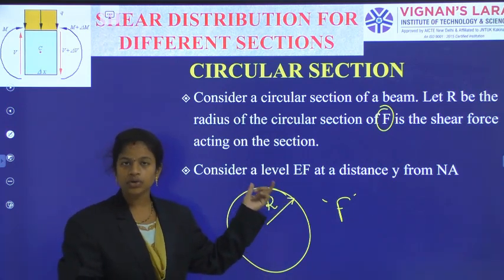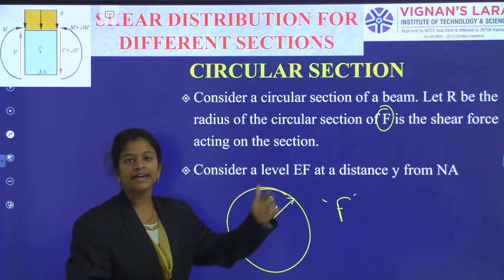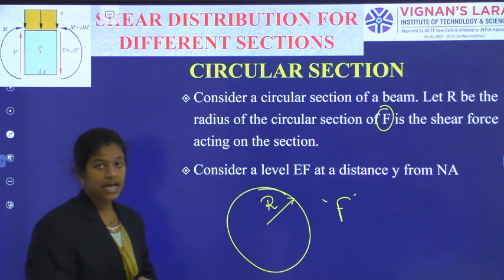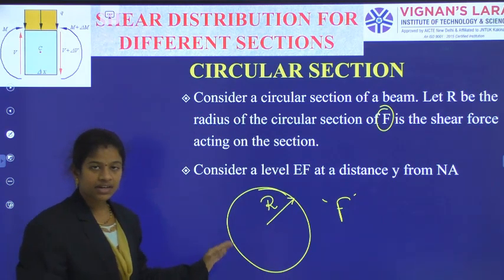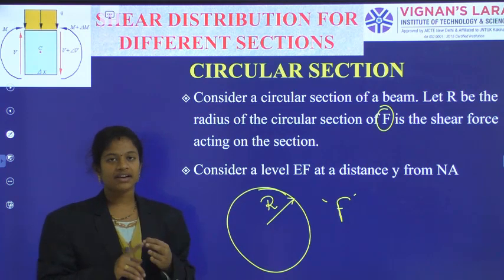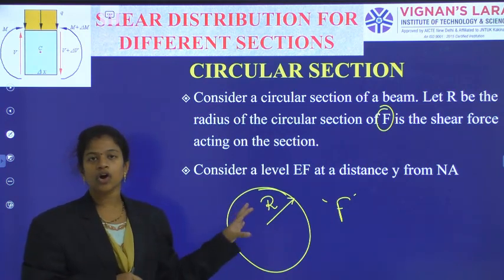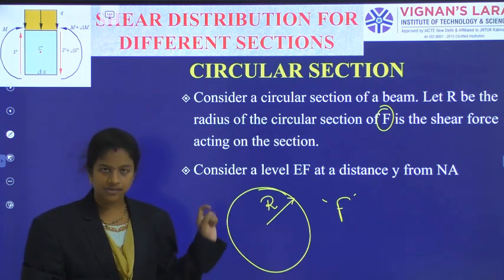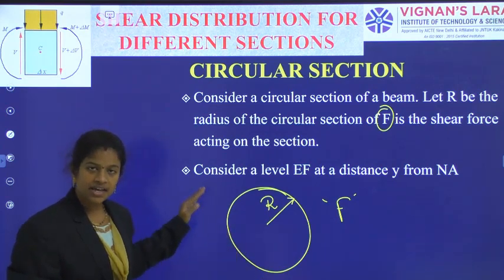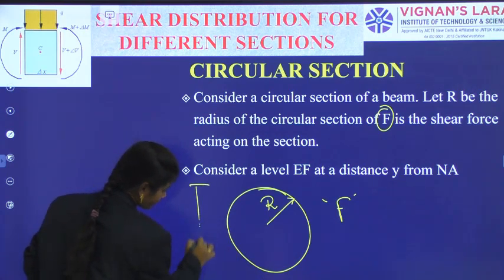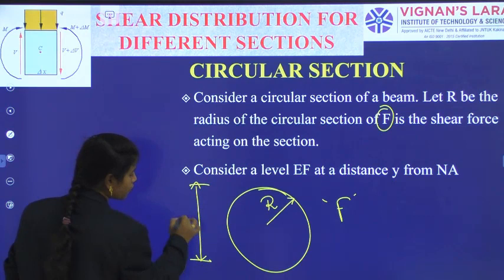Now we consider a level EF at a distance y from the neutral axis. Circular, rectangular and square sections are all called symmetrical sections. For these symmetrical sections, the neutral axis lies at the center of the overall depth.